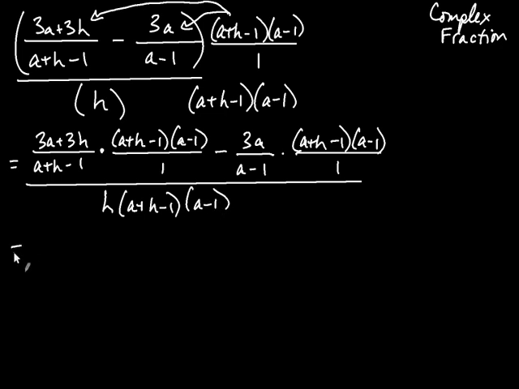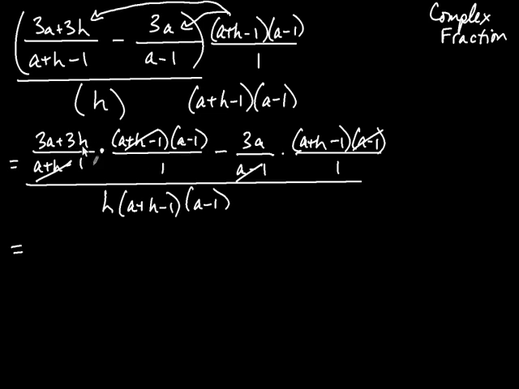Okay, and we get some cancellation now in the numerator, which was the whole point of doing this. The factor of a plus h minus 1 cancels with this a plus h minus 1. And we're also going to have cancellation over here, because the a minus 1 cancels with this a minus 1. So we're going to have to multiply this 3a plus 3h by that a minus 1.